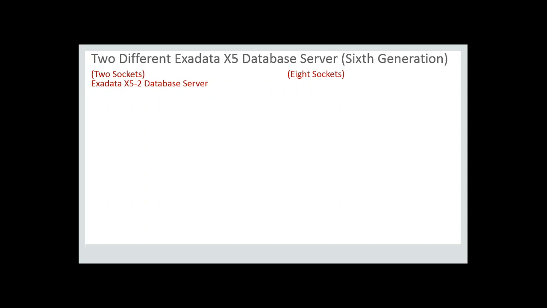In X32, X3 is the version of the machine and 2 is the number of sockets in that machine on the database server. Similarly, the 8-socket machine we used to say is Exadata X58 database server. Exadata X5 is again a version, and 8 means it's an 8-socket per database server.